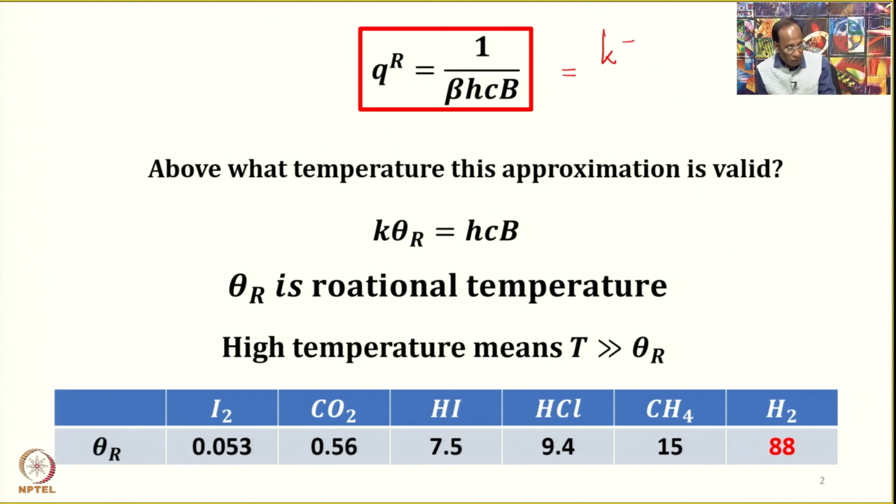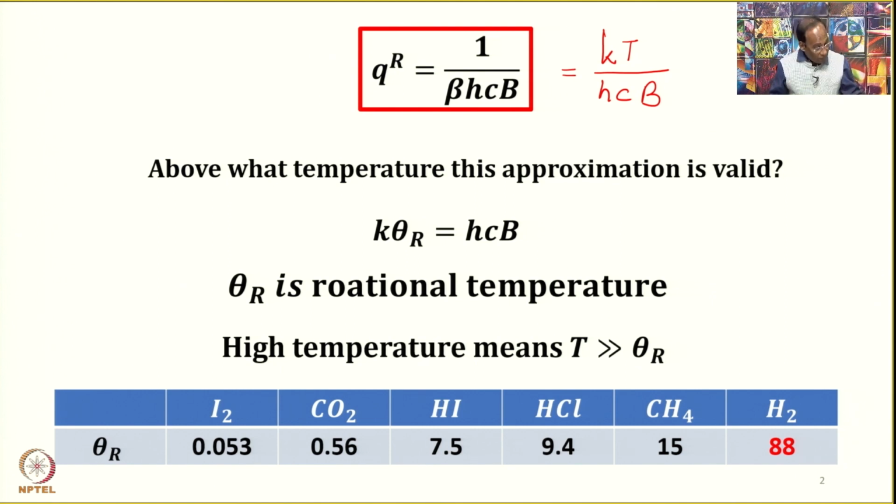So, I can even write kT over hcB. But this is for a linear rotor of type AB. And then we were discussing that this derivation required an approximation where we converted that summation into integration, and above what temperature this approximation is valid.